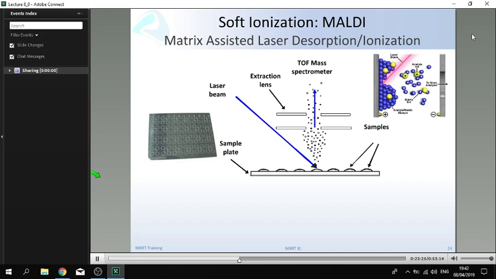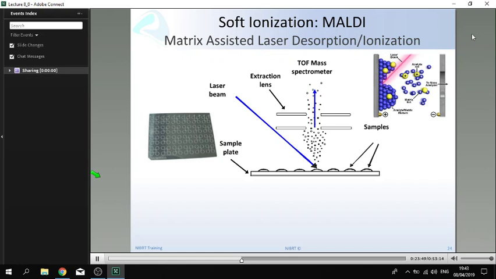Another soft ionization would be MALDI, or matrix-assisted laser desorption ionization. In this case, we have a sample plate with a matrix on it, and we mix our sample with that matrix. This little plate is about the size of your palm.